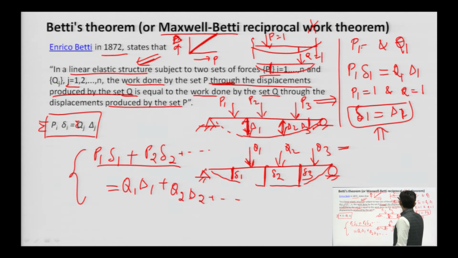Betti's theorem is a generalized form of Maxwell's reciprocal theorem, and it is also known as Maxwell-Betti's reciprocal theorem.